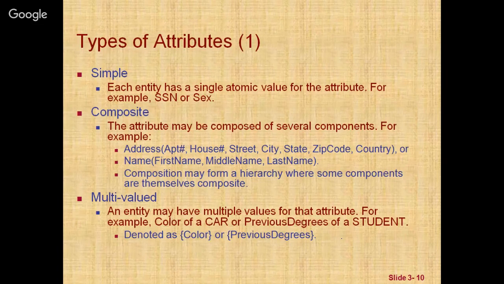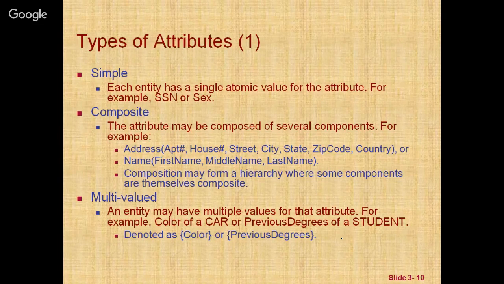For example, age is a single valued attribute of a person. Right? You can have age as a single value, which may represent your number of years of a person.